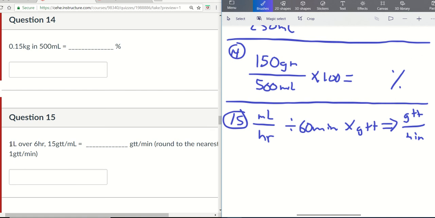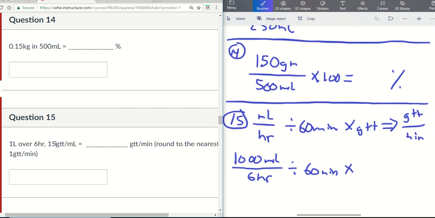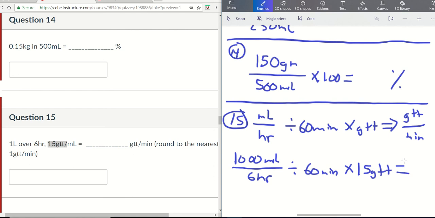We got 1,000 mLs per 6 hours. First step, divide by 60 minutes. Second step, multiply by the conversion factor. In this case, it is 15. Round to the nearest drop per minute.